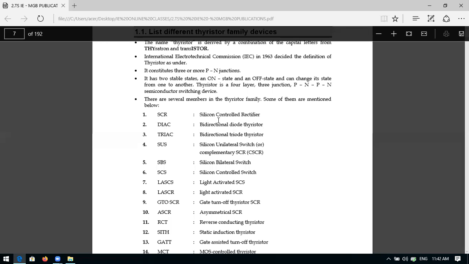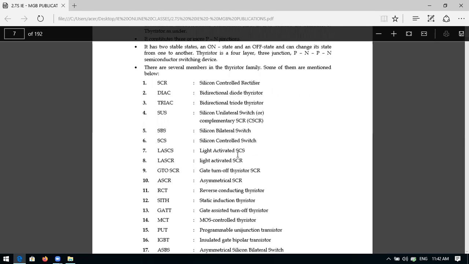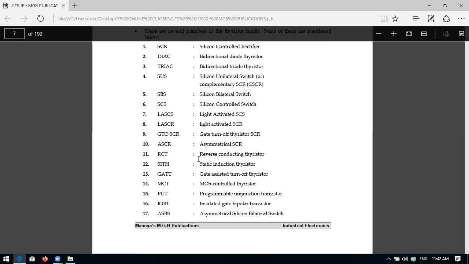Next one is ASCR, asymmetrical SCR. The construction is not symmetrical, which is the reason it is an asymmetrical SCR. Next is RCT, reverse conducting thyristor. SITH, static induction thyristor. Next, GATT, gate assisted turn off thyristor. MCT, MOS controlled thyristor.